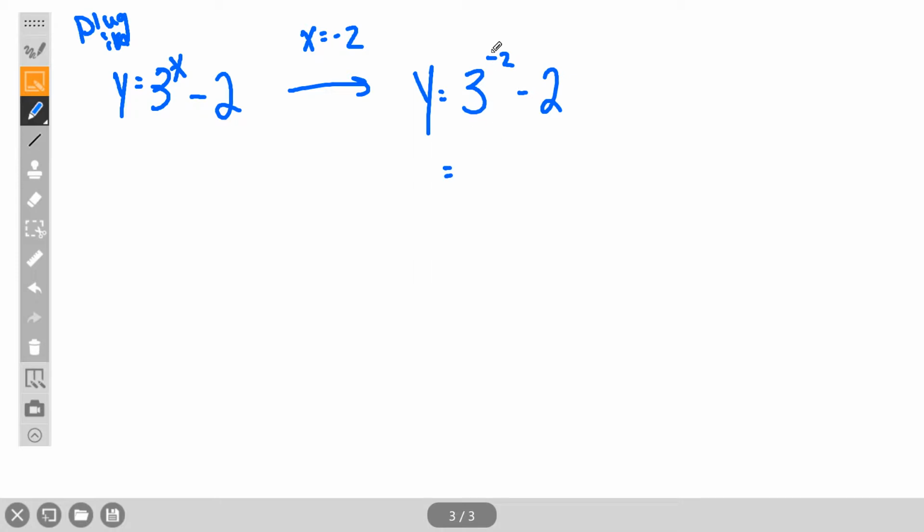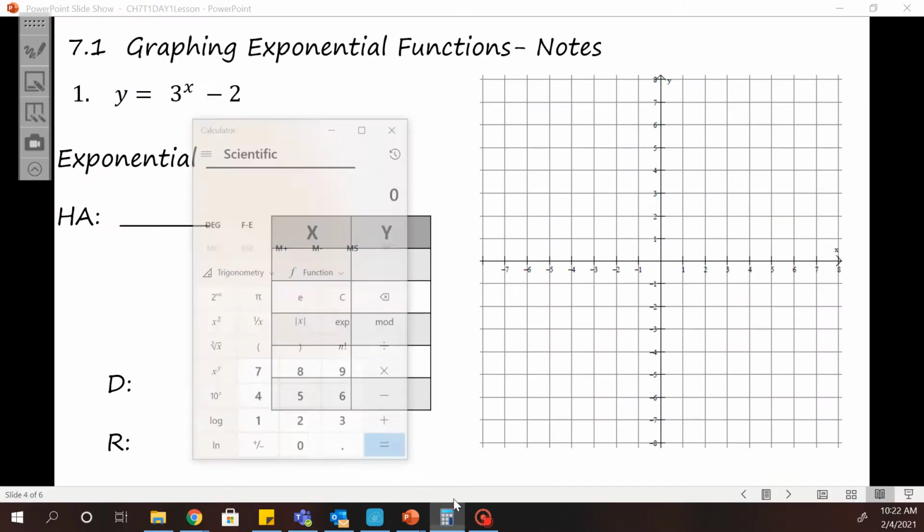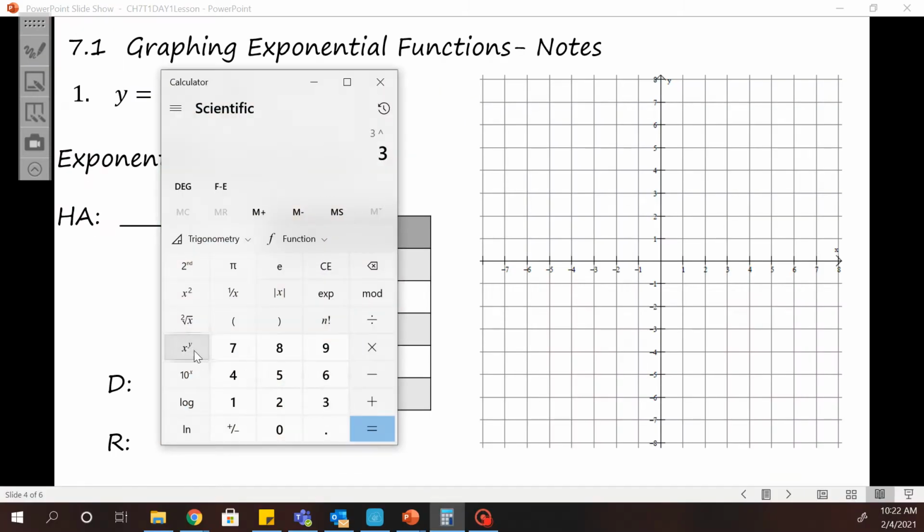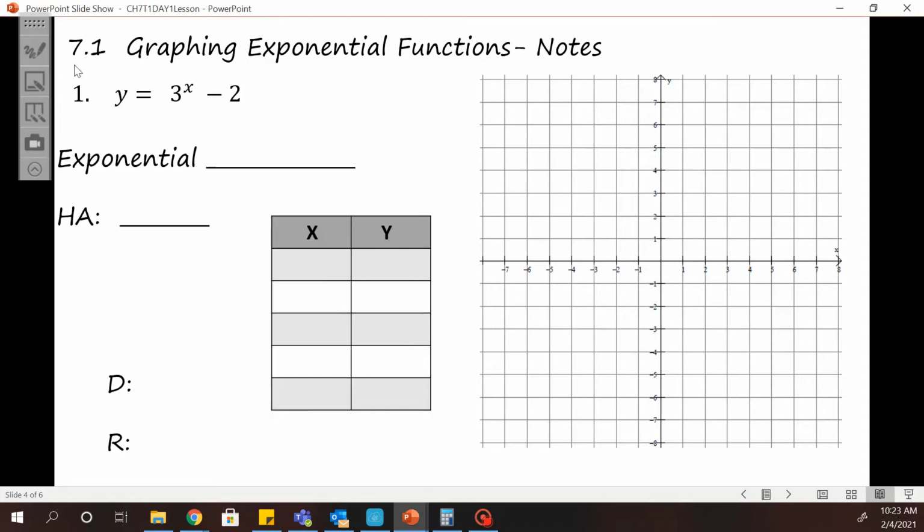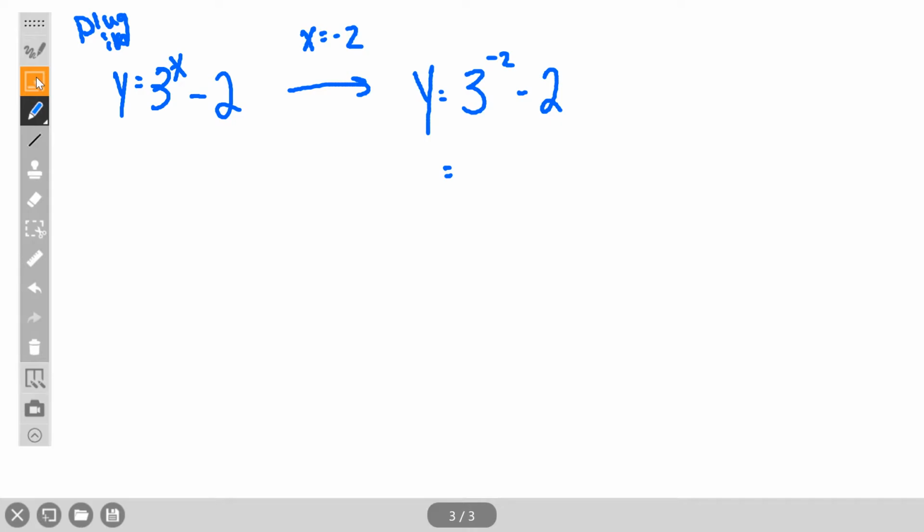We can use a calculator for this if we want. 3 raised to the -2 power is 0.111 repeating. I'll do 4 decimal places, so 0.1111 minus 2.